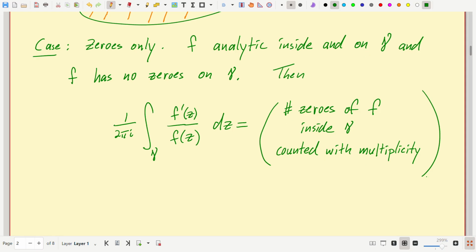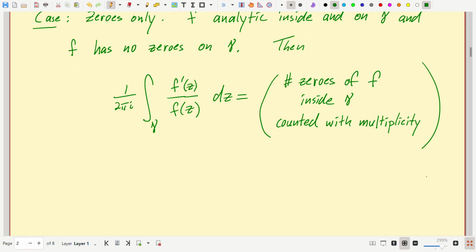Okay, and that's just a straightforward application of this fact that I just mentioned. The proof would be, let's see, that integral would be 1 over 2 pi i times, I'd use the residue theorem, 2 pi i, and the only time that there would be singularities of that function inside the integral would be if the denominator vanishes.